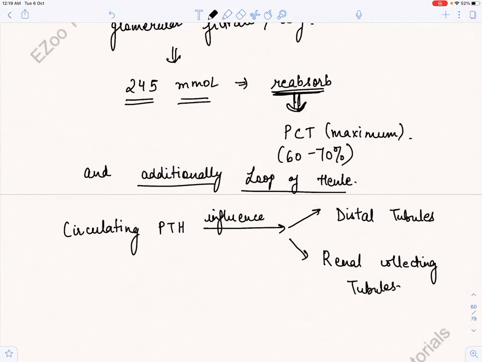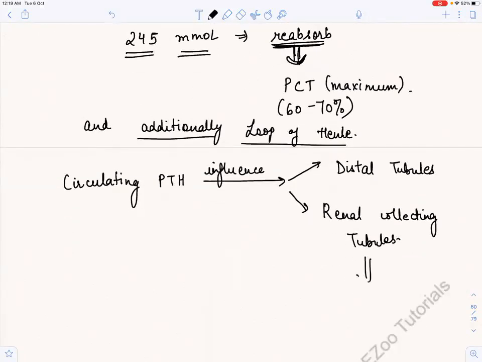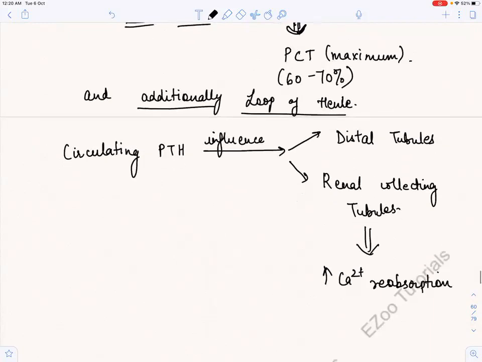And finally, it is influencing reabsorption. What will it directly do? It will directly increase the calcium, not resorption, reabsorption, right? And so finally, the blood calcium levels will increase. So the blood calcium level will increase, and this was our goal, right?